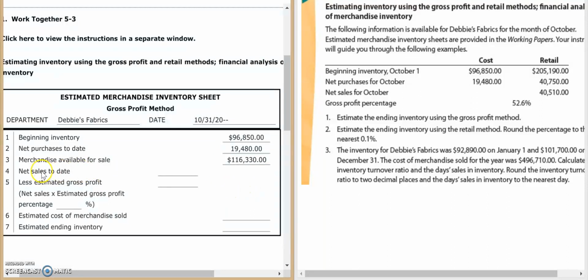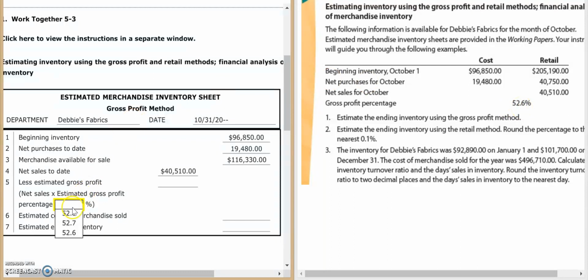Then we need to take our net sales to date. Our net sales to date is only given as a retail number, so that's the 40,510. And then we need to figure out less our estimated gross profit. So again here, we're going to take our net sales times our estimated gross profit percentage. They give us our gross profit percentage of 52.6% here.